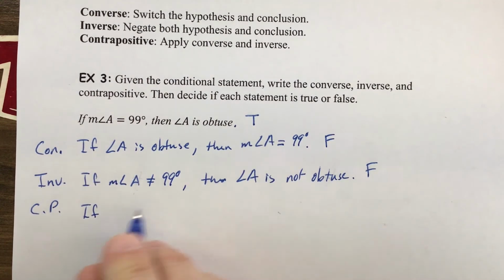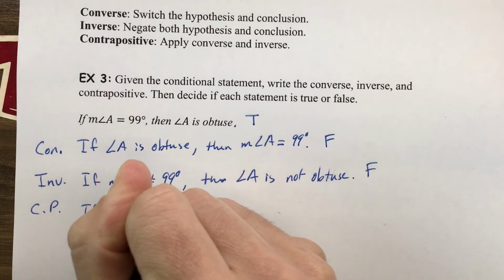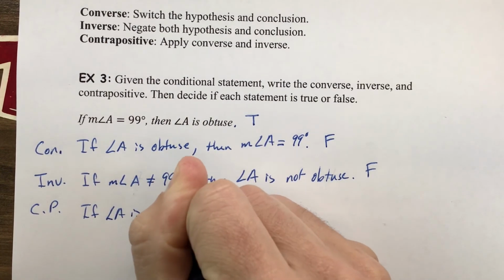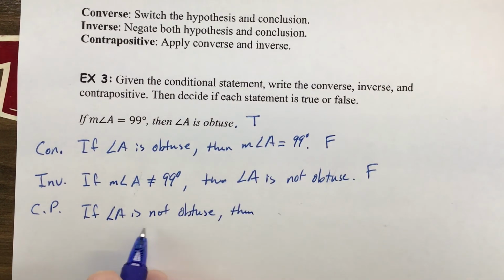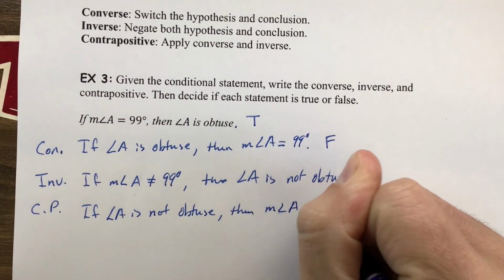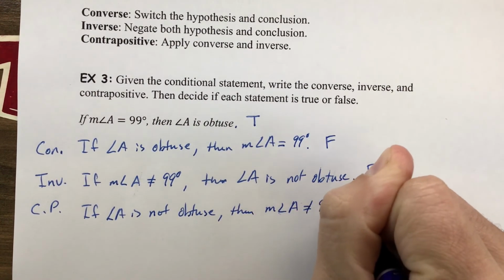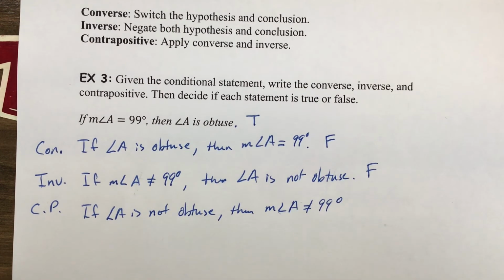So I'm going to say if angle A is not obtuse, then the measure of angle A does not equal 99 degrees. So I took my inverse and I used that to flip. I didn't really start from scratch on that one.